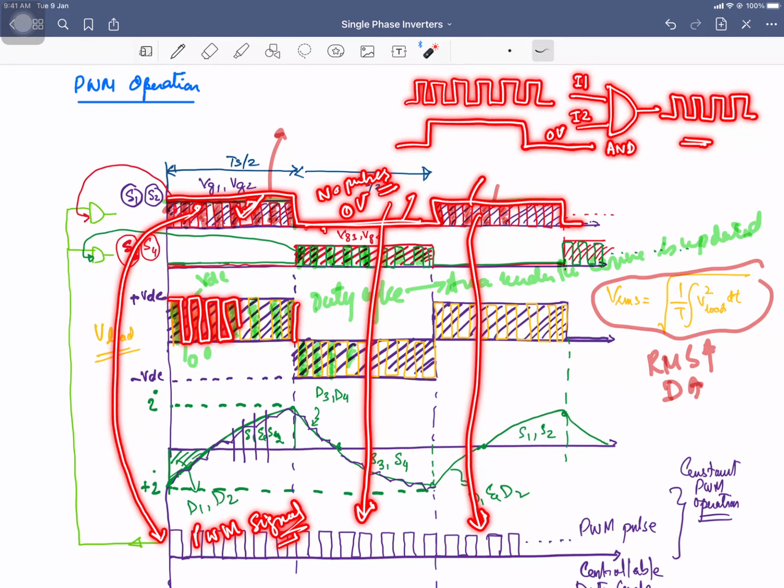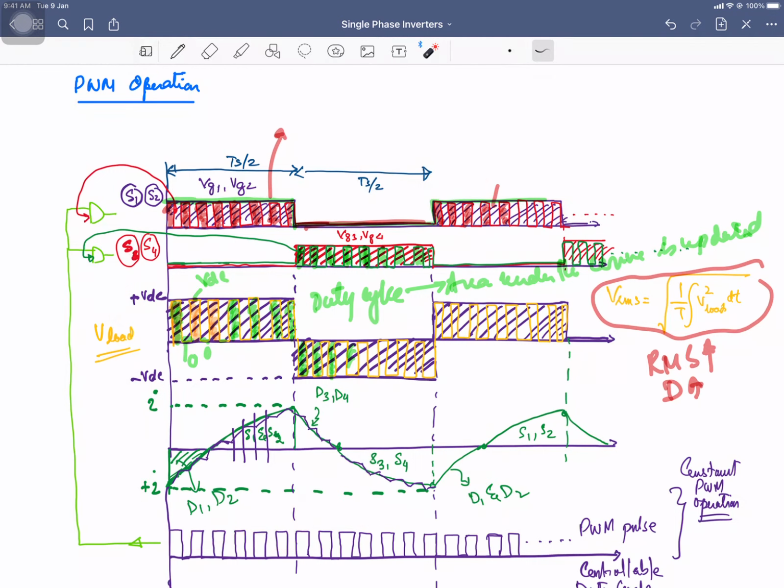form of the pulses. And the same is applicable for the second set of switches, S3 and S4. You take this signal that we discussed for the half bridge and the full bridge, and you perform its AND operation with the same PWM signal.